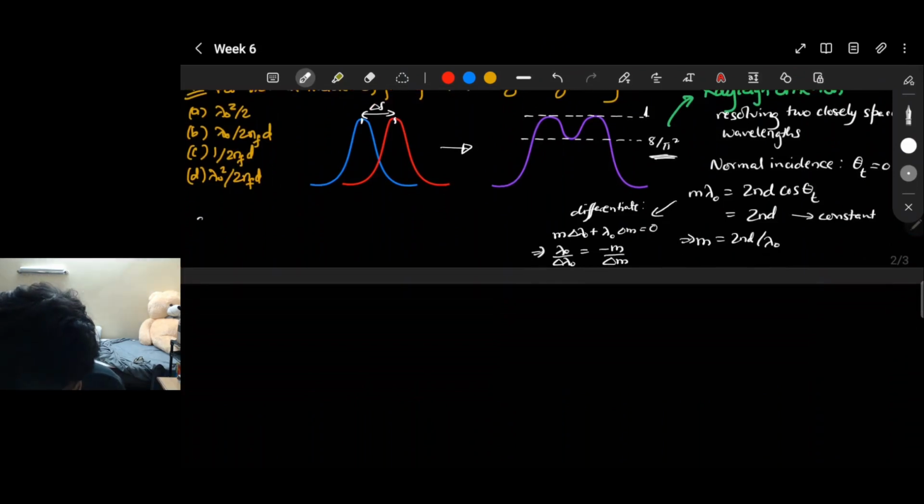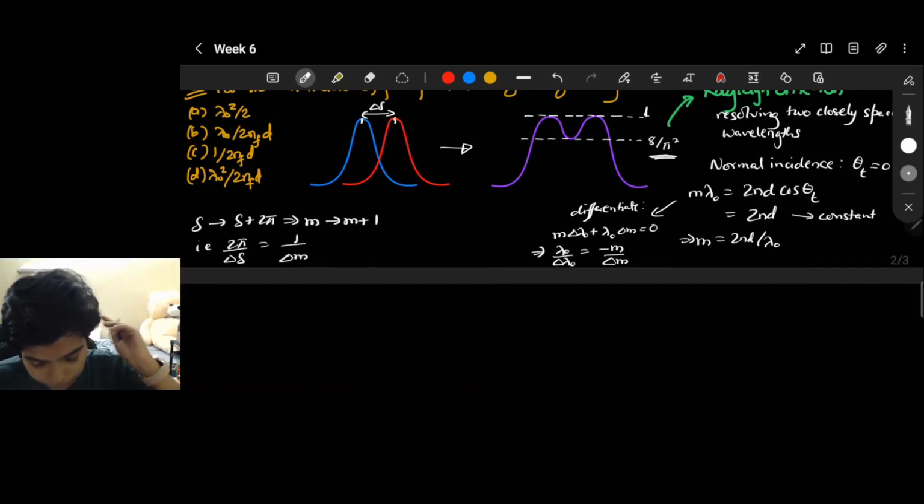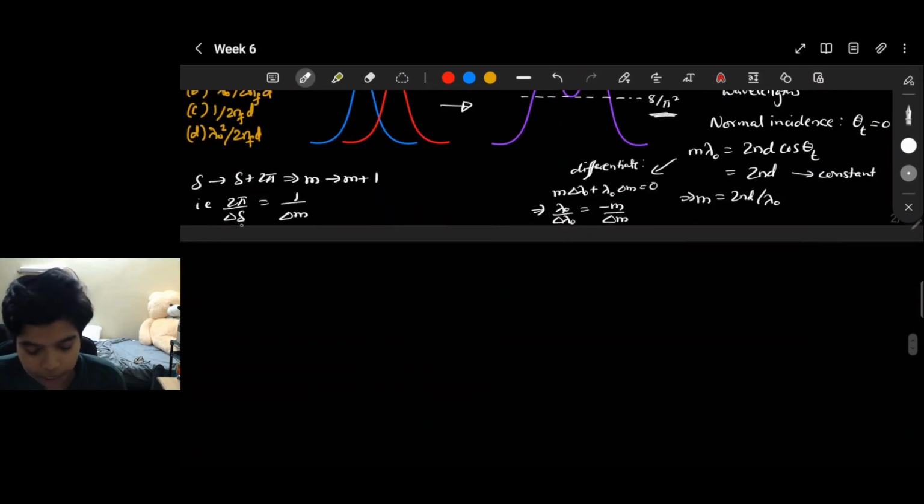Now, if my delta goes to delta plus 2 pi, then correspondingly my m, the order, will go from m to m plus 1. So this means that 2 pi over this delta of delta is 1 over delta m. Because a change of 2 pi in delta corresponds to a change of 1 in m.